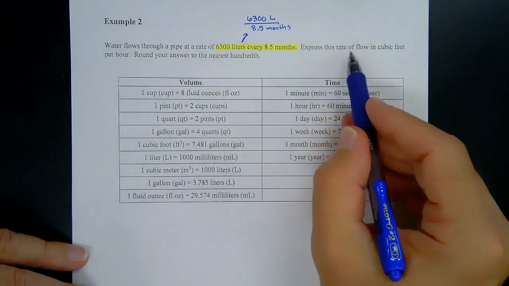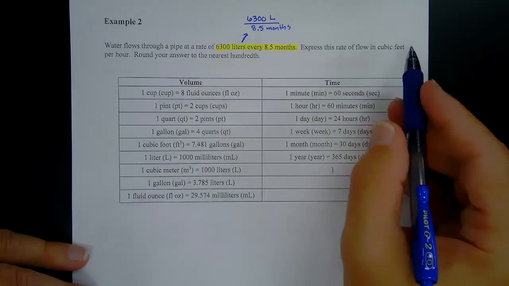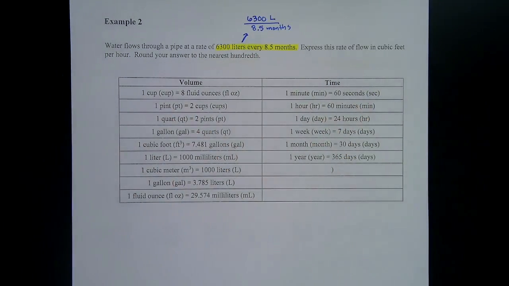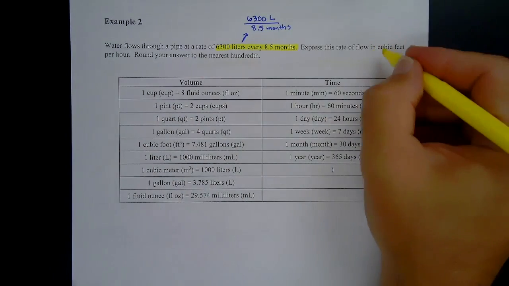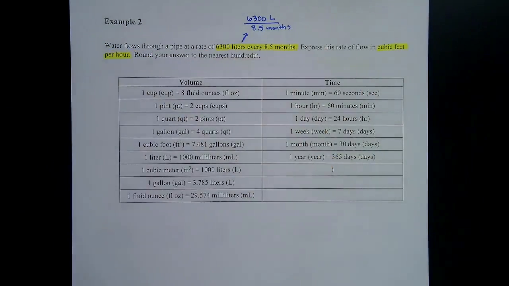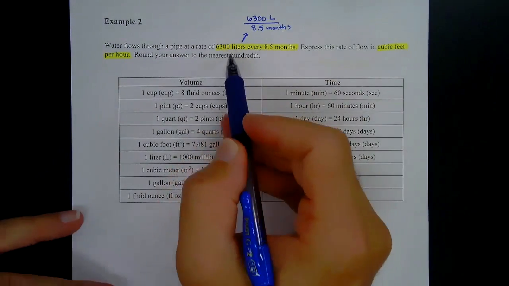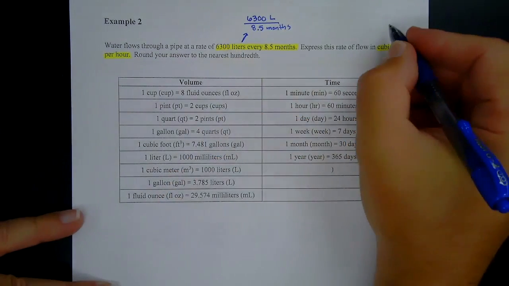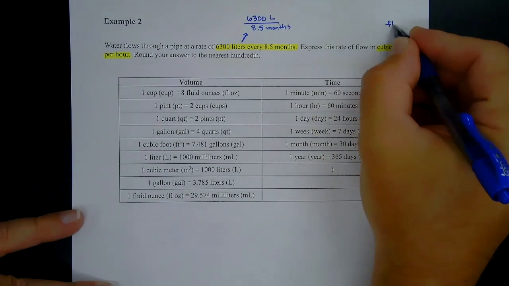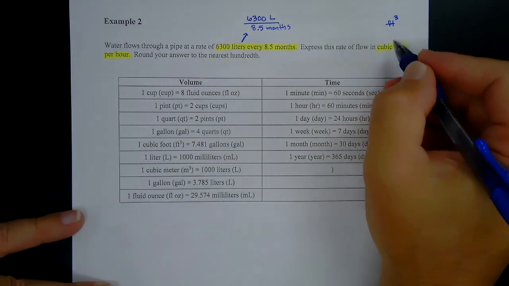So what do we want to switch this to? We want to express this rate of flow in cubic feet per hour. So our time unit's going to be hours. But our volume, and this liters is volume, cubic feet would be feet cubed with a little 3 right there, like cubics and squares.